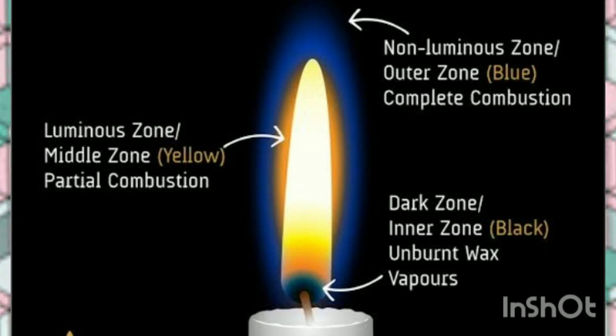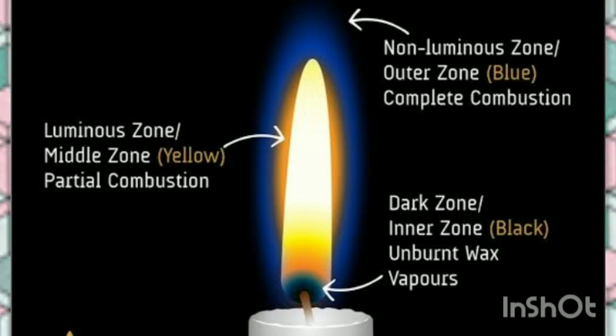Now let us see the different types of zones in the candle flame. First one is the outer zone. In the outer zone, the light will be blue color. It is the hottest part of the flame. So where the blue flame is observed, it will be the hottest part of the flame.